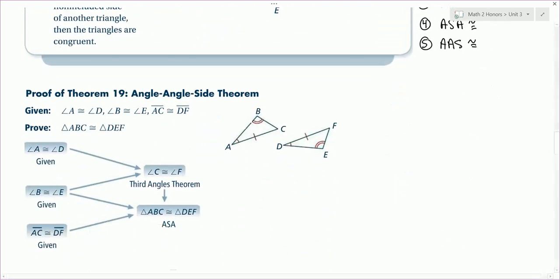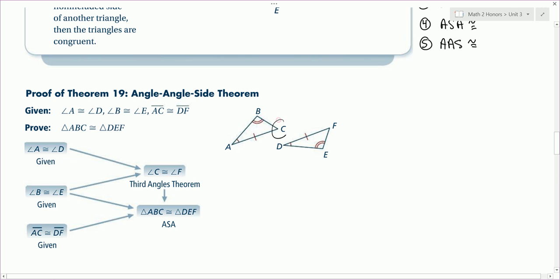So here's the proof to Theorem 19, or at least an outline of the proof. So if we're given an angle angle side as drawn in here, note that if you know 2 angles, you automatically have that third angle.